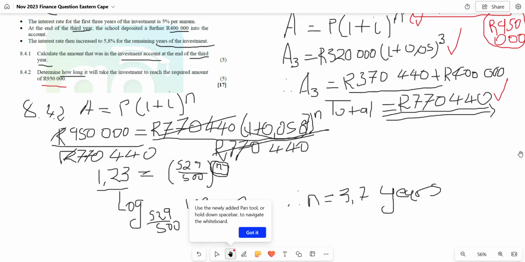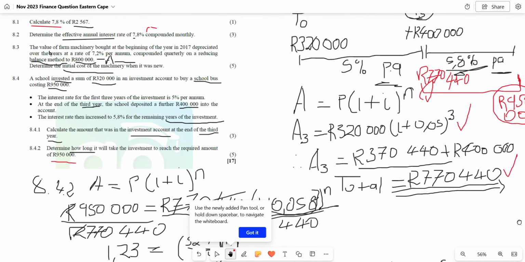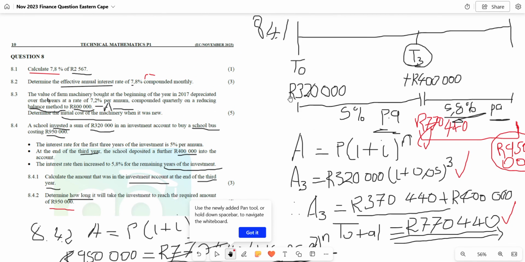Now remember, initially here, we invested an amount of 320,000 rand for the first 3 years. We can't exclude the 3 years that took place here. Remember, the objective was to invest this 320,000 rand in order to have 950,000. From 770,440 it took 3,7 years to get here.